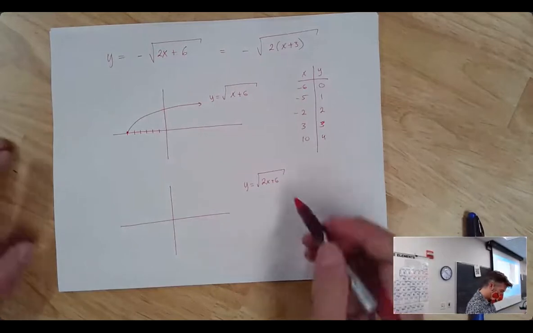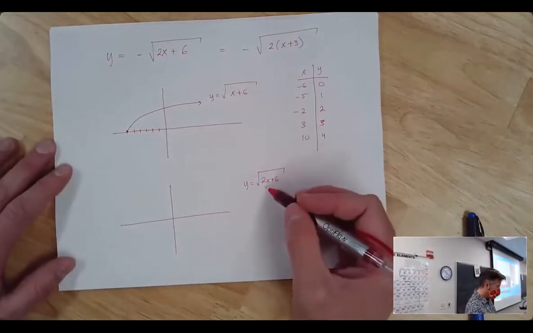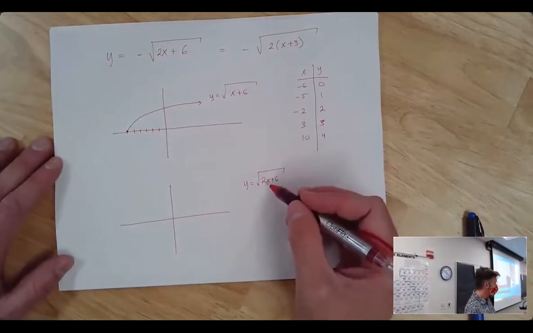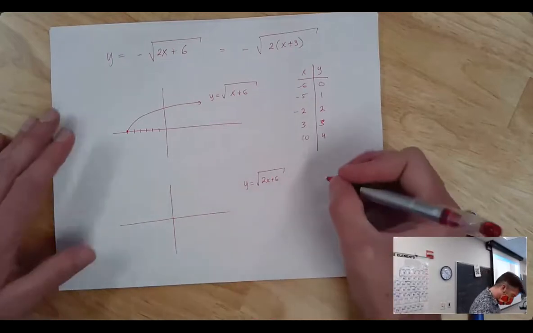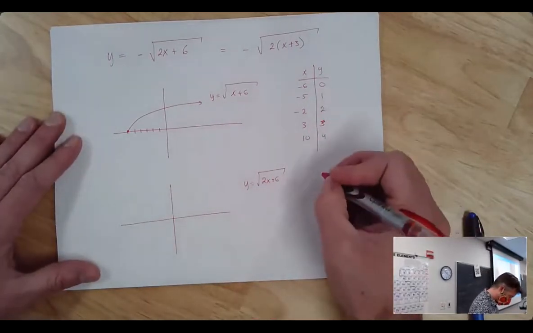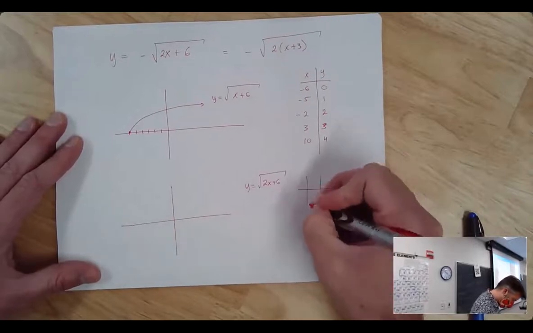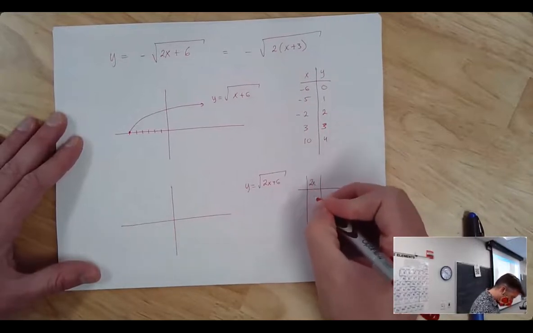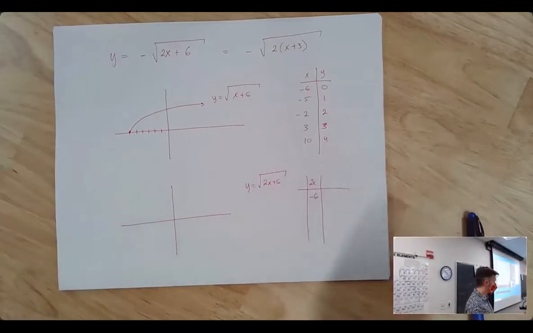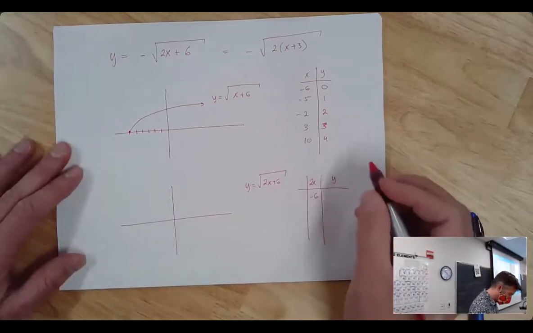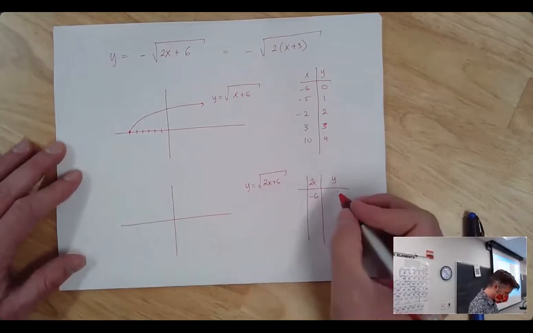But now, the x values, since they're getting multiplied by 2, I want to produce the same y values, so the x values have to be half as big as they were. Right? Now, instead of having x equal to 6, I really want 2x to equal, sorry, I said 6, I meant negative 6. I want 2x to equal negative 6, so that the y value is the square root of negative 6 plus 6.